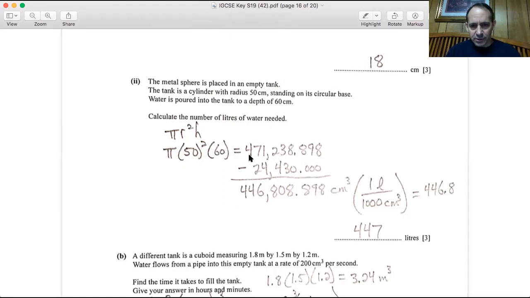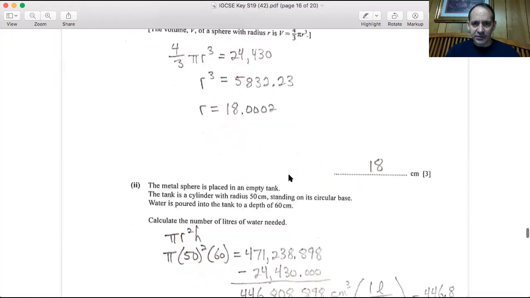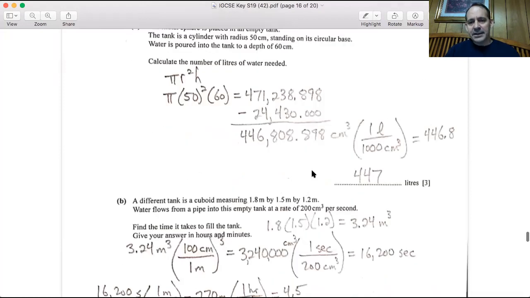So if we plug that in, pi r being 50 squared, and they filled it up to 60 centimeters, that gives you a total of 471,238.898 centimeters cubed of water minus the volume of the sphere, the 24,430, means that the actual water amount that filled in around the sphere was 446,808.898 centimeters cubed.